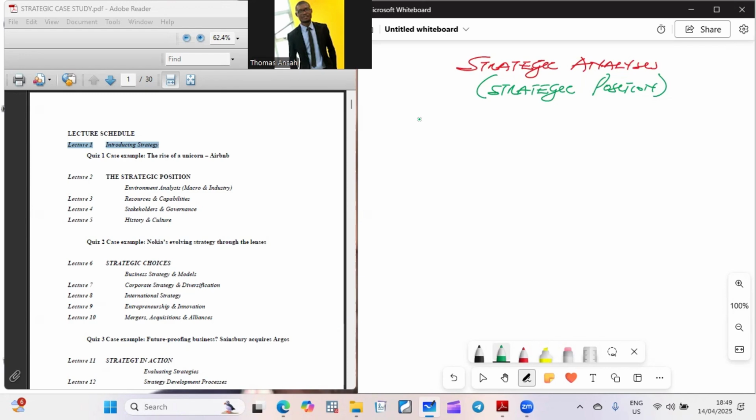So we want to say that when we are talking about strategy, the strategy can be affected by both external and internal factors. We will look within, we will look out.